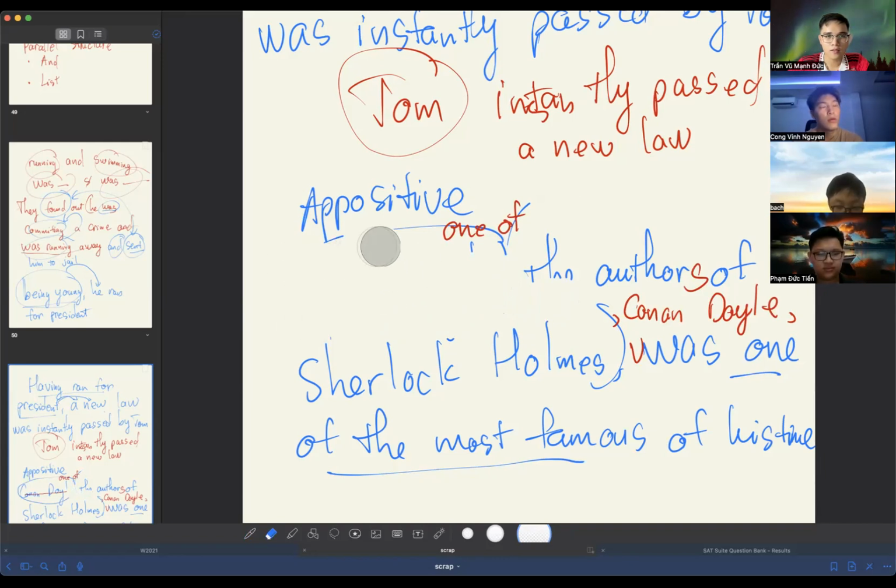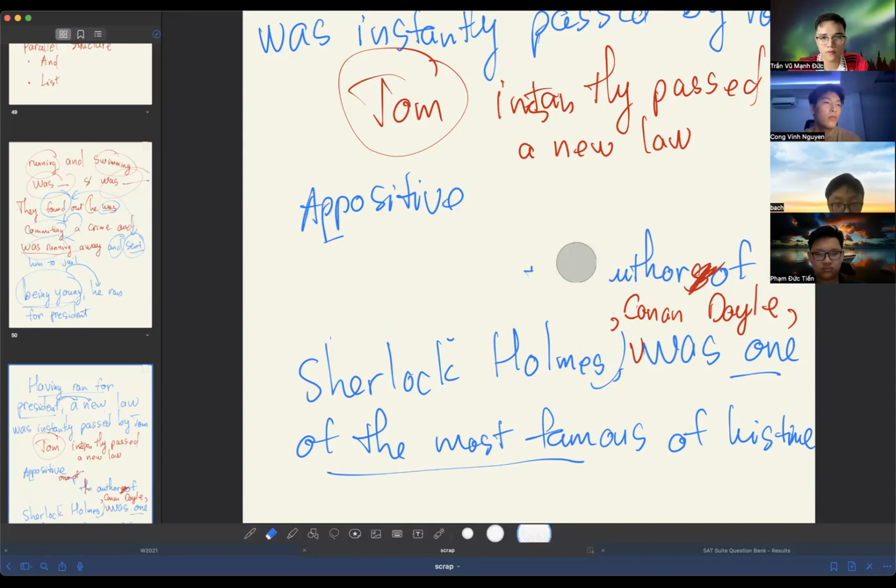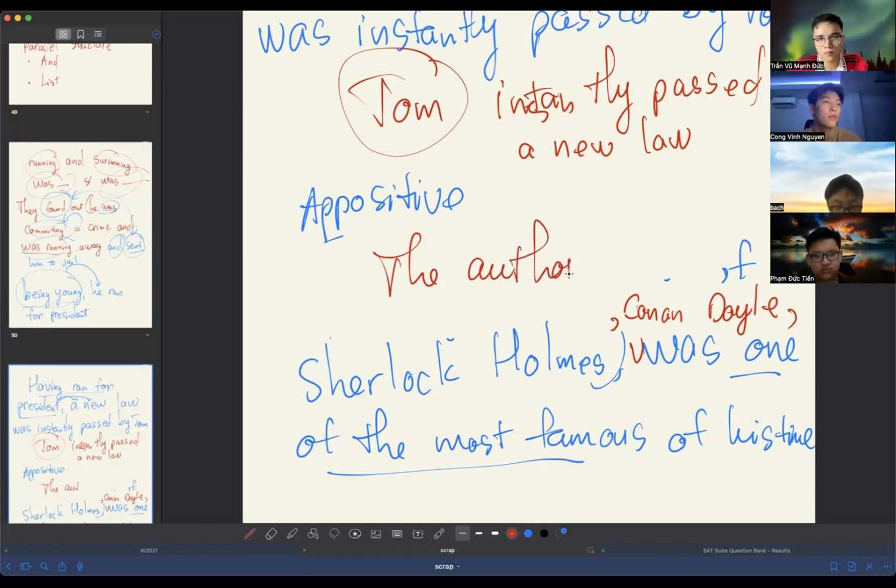Why do we not remove it? If we remove Conan Doyle, we cannot know which one of the authors of Sherlock Holmes it is. Exactly. So if I say just "the author of Sherlock Holmes," can I then place commas here? "Sherlock Holmes, comma, Conan Doyle, comma." Is it true or is it false?